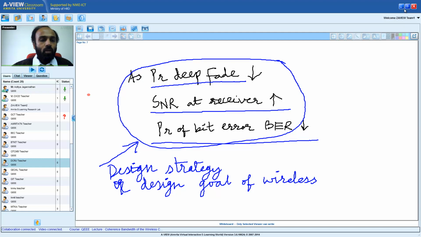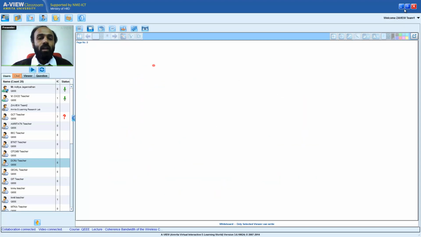Okay, so let me go on to the next topic of wireless communication, which is multiple antenna systems, that is, multiple antenna technologies.